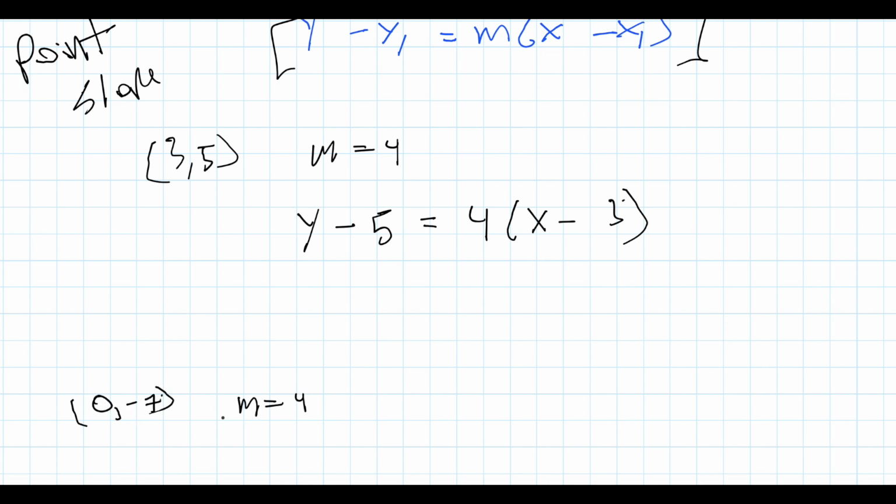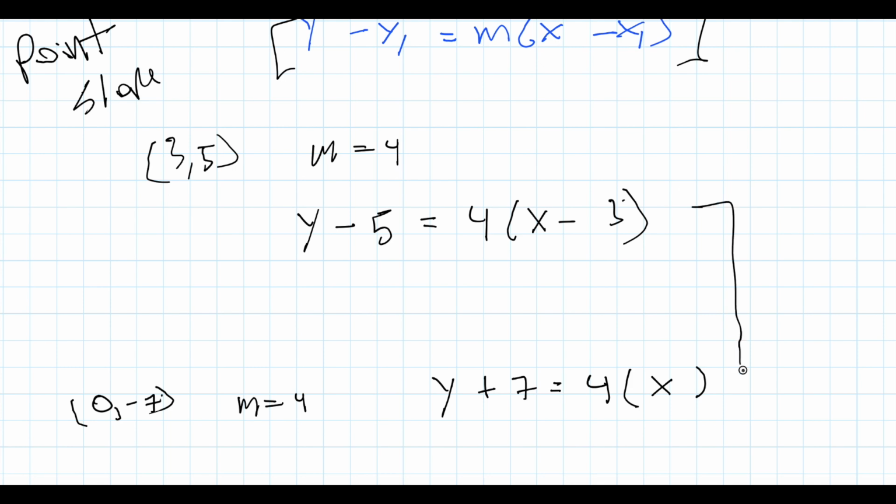Let's use this in our point-slope formula. y minus, plus 7, because minus a negative, right? So y + 7 equals 4 times (x - 0), which I'll just write as x.